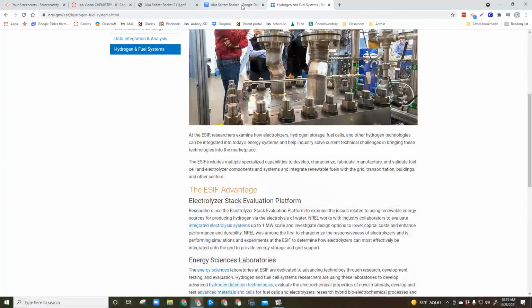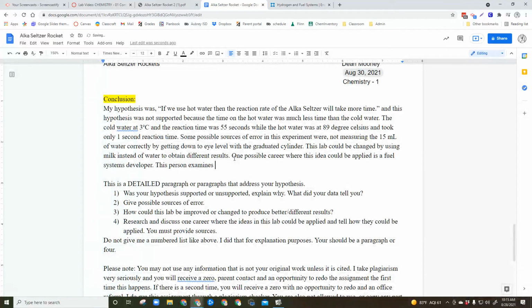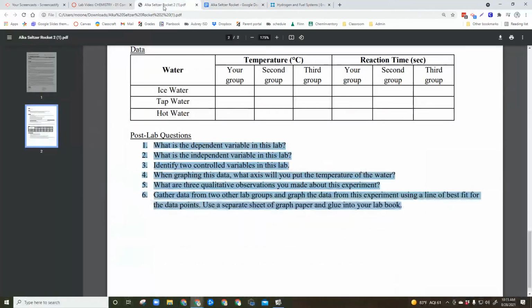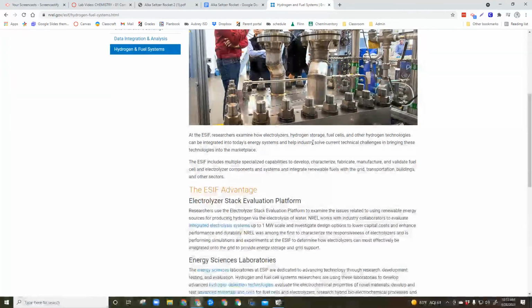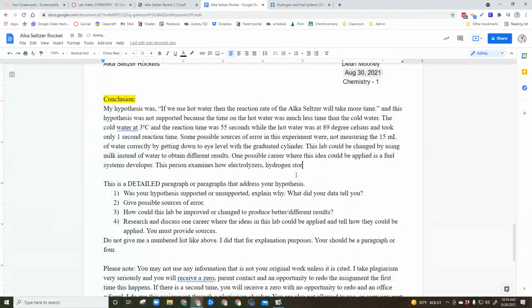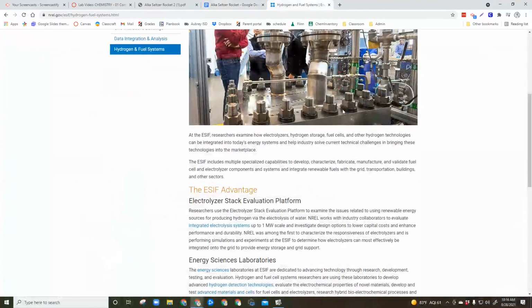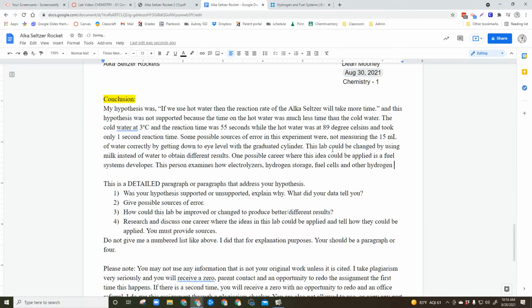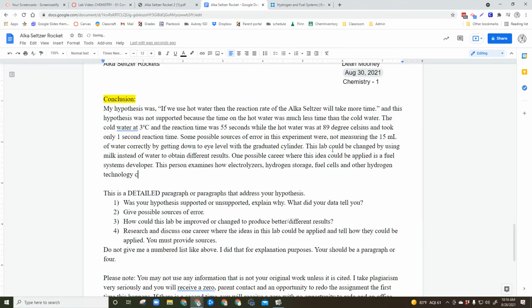Okay, so electrolyzers, hydrogen storage, fuel cells, and other hydrogen technologies can be integrated, or integrated means weaved into, our current fuel systems.